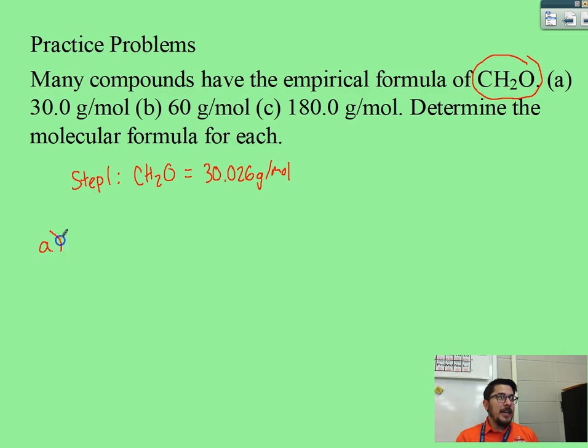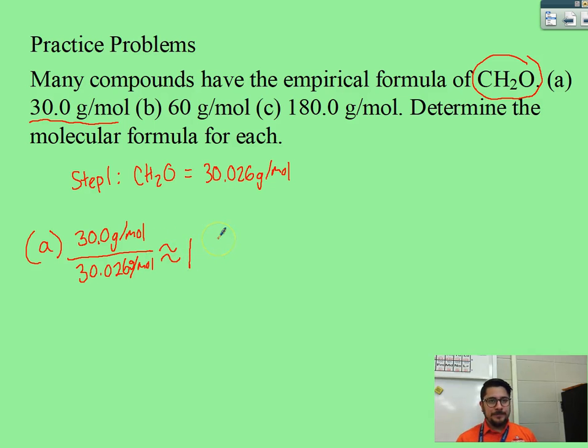So letter A, it has a molar mass of 30.0 grams per mole. So I'm going to put that on the top, 30.0 grams per mole, divided by the empirical formula, 30.026 grams per mole. And if I do that, I get about 1.